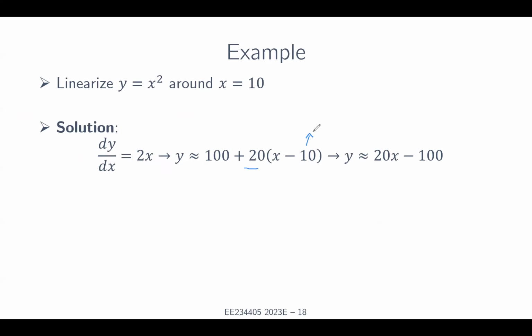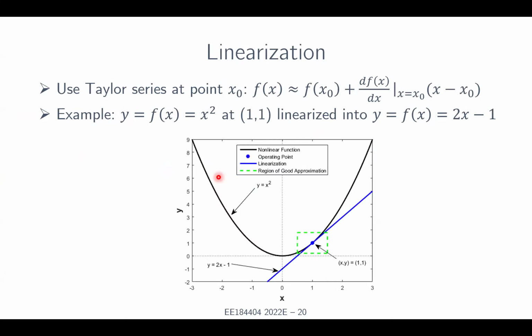So x0 is 10, so this would be 100 plus 20(x minus 10), which is 20x minus 100, right? So that's how it works. I think that's quite simple. Just try to derive that and see how the system behaves at that point.